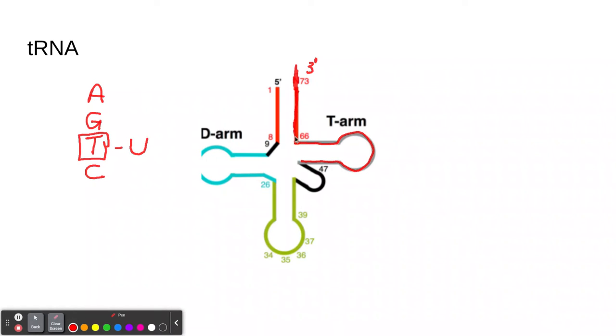So they're all connected all over this area. So the T-arm, and we can think of the T-arm as the transfer arm, even though it's not called that. That's the transfer arm. That's the arm that's actually going to go into, or tether, we should say. It's going to tether or lock onto the ribosome.